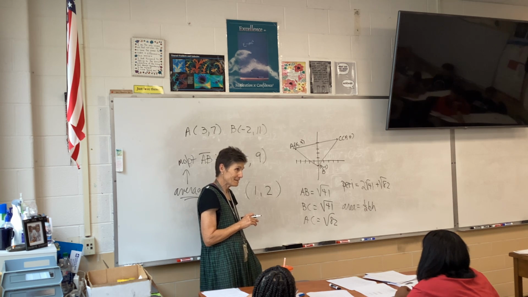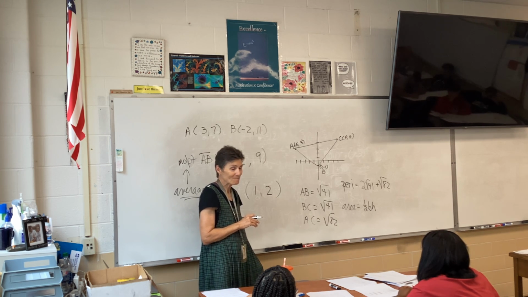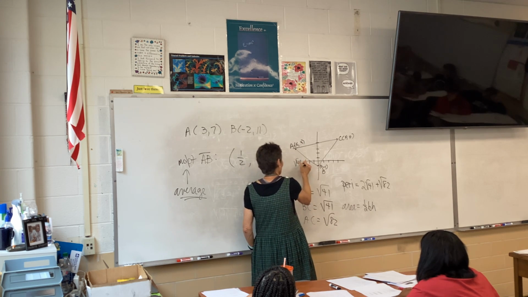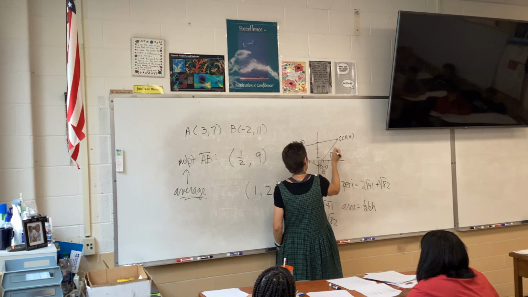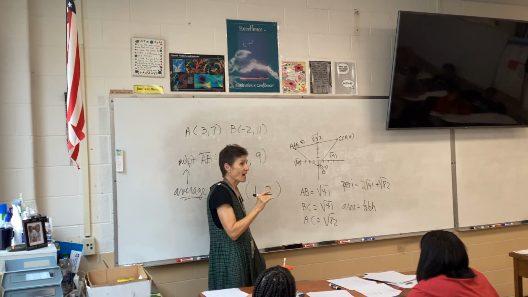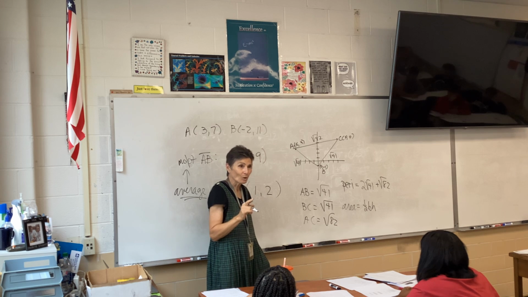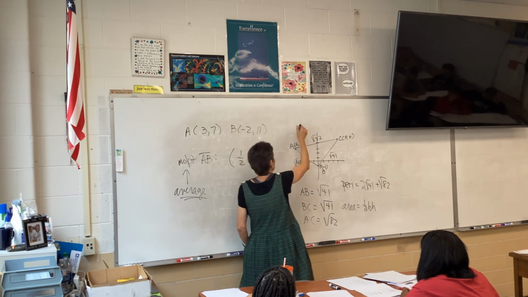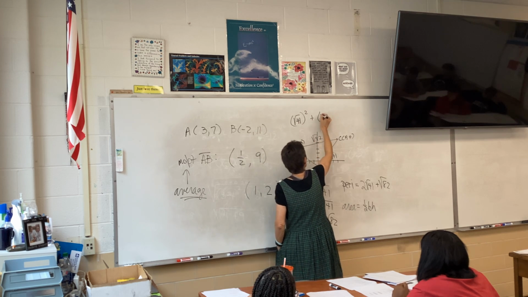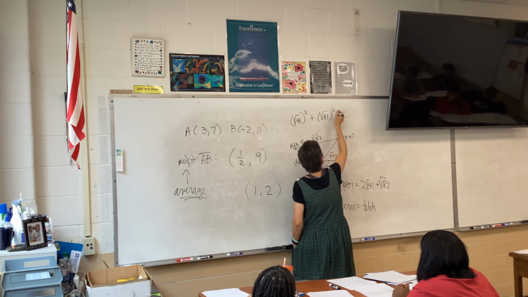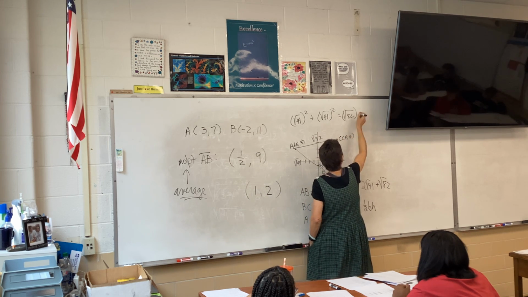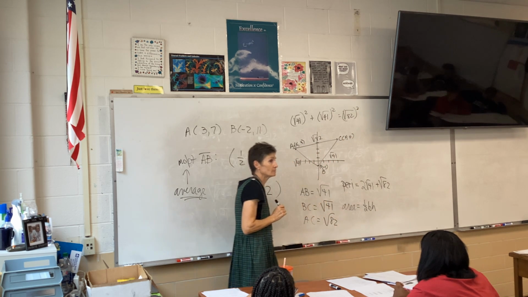And luckily, we have it. Because if this is root 41, and this is root 41, and this is root 82, the Pythagorean Theorem works. Because if you square root 41, and you square root 41, and you add them together, don't you get root 82 squared?